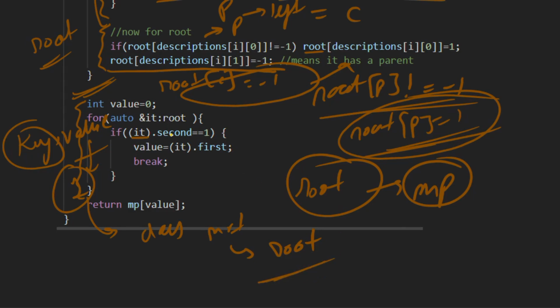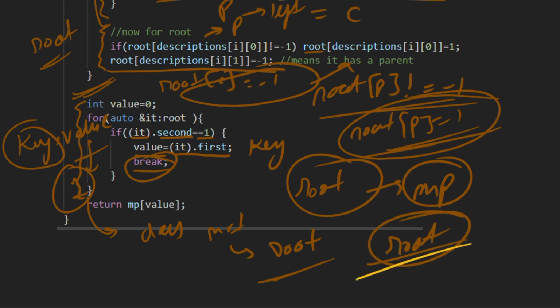So we check it dot second, that is value is equal to 1. Then if value is equal to 1, our answer is that key, which will be the root, and then we stop at that point, because in a tree we can only have one root. So we get the root, and at the end we return the node of that particular root value from the map, right?